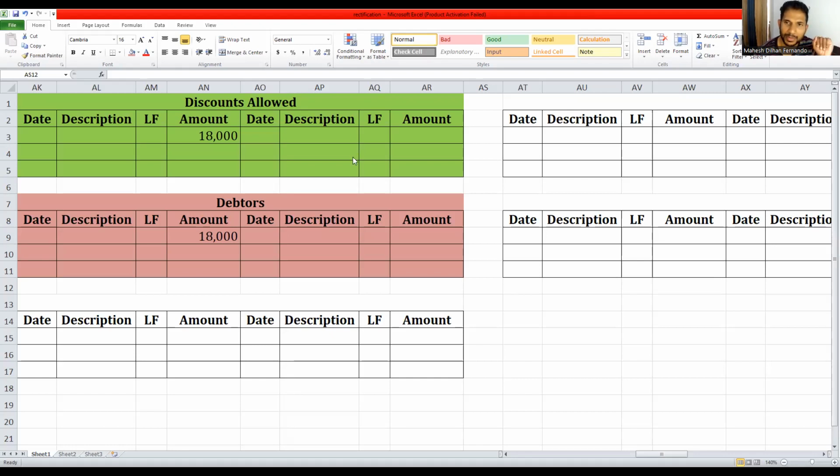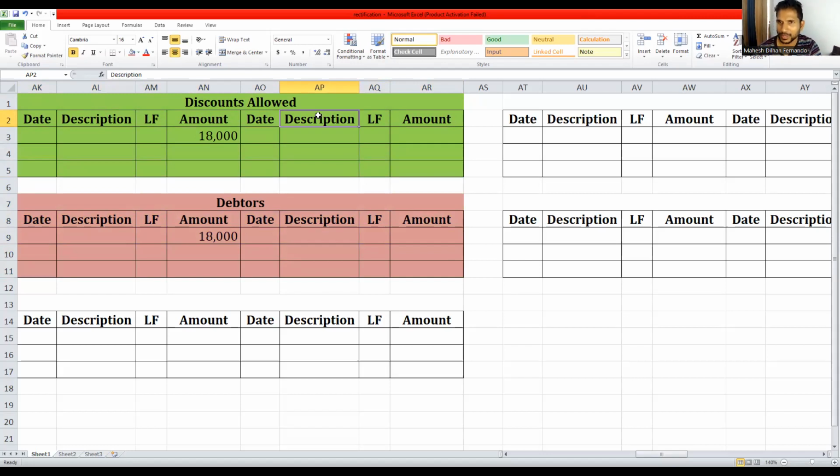Now, this is how you record the discounts. Discounts allowed debit, debtors credit. Now, the discount allowed is correctly debited, but the debtors account is also being debited instead of crediting it. My question was, out of these two accounts, which account needs a rectification? Your answer is correct.